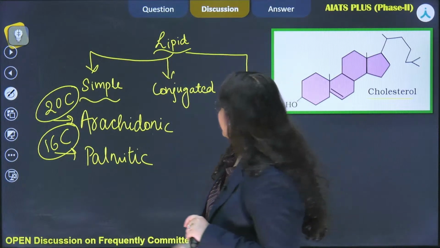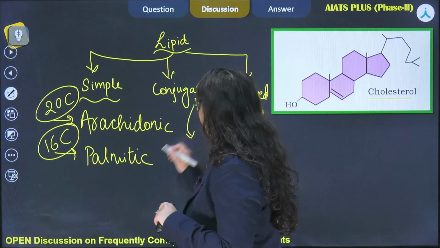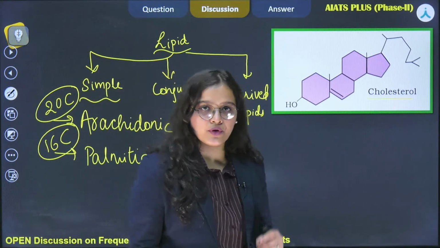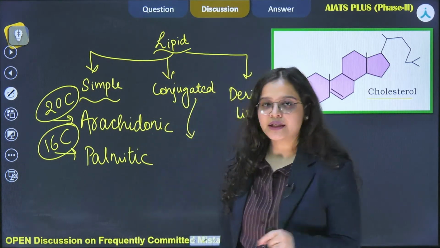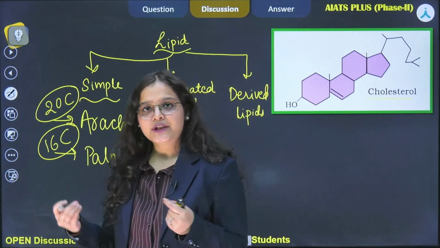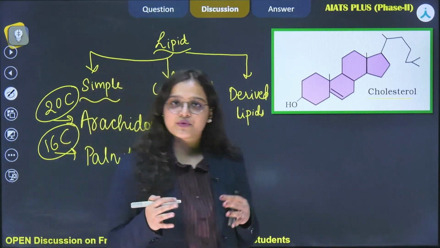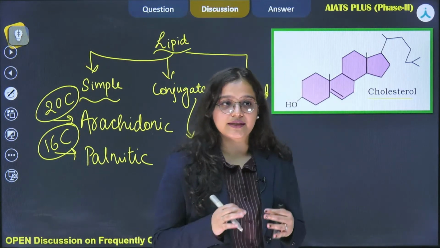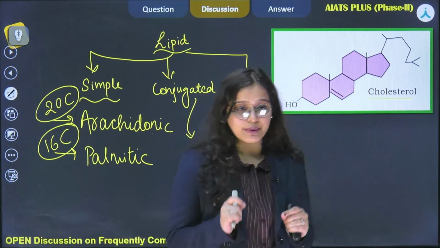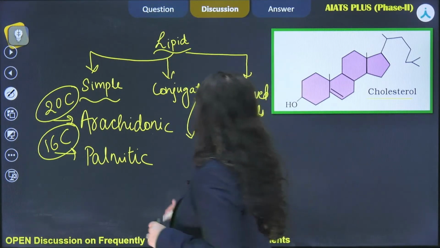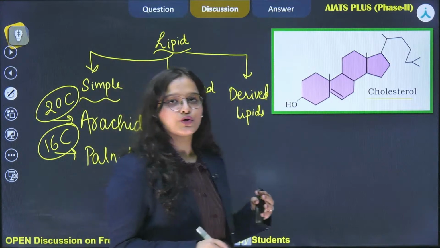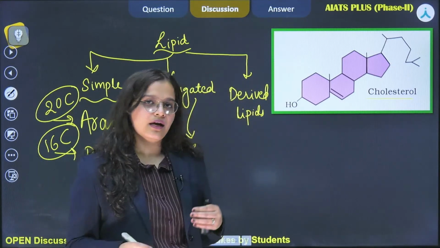Now coming to the conjugated lipids, the example which is given in the NCERT, although they have not mentioned the word conjugated, but it is our duty to read between the lines when it comes to NCERT, because it tries to explain a lot of things within a single sentence. Basically, conjugated lipids are the lipids in which other groups like metal ions are attached.